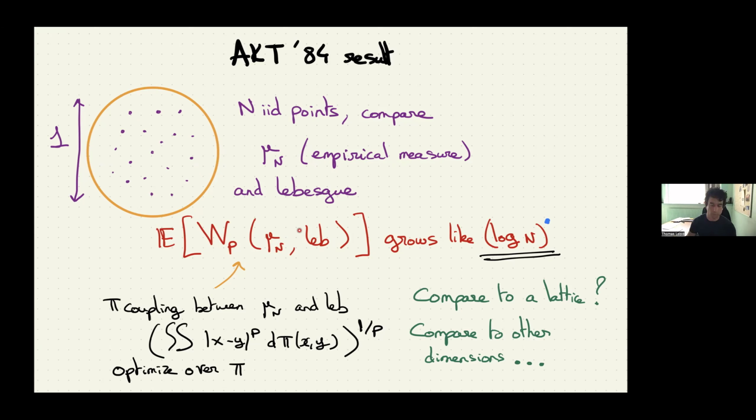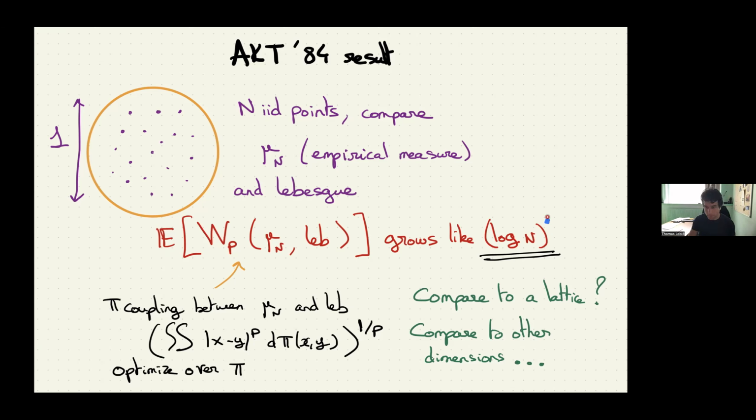What I want to say is that this question, of course, you can ask in dimension 1, in dimension 2, in dimension 3. You replace the disk by a line segment, or a disk, or a ball, sorry. The point is that if you're computing average Wasserstein distances between empirical measures and the continuous version, the Lebesgue measure, precisely in dimension 2, you see that IID points have some growth.